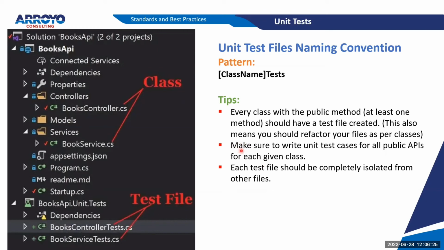Another tip is make sure to write unit test cases for all public APIs for each given class. That means more related with the controller, for example. All the public methods must be included inside of the test. And the last one is each test file should be completely isolated from other files.